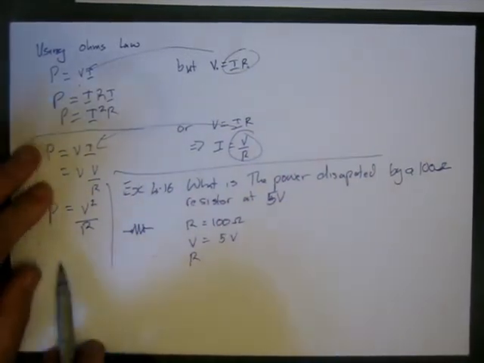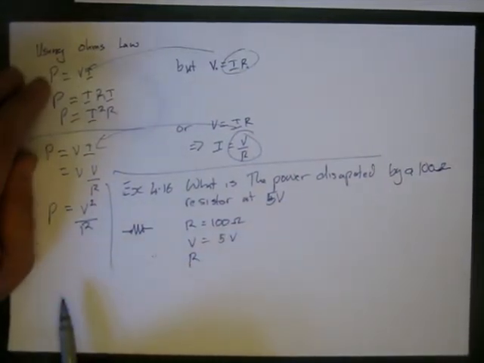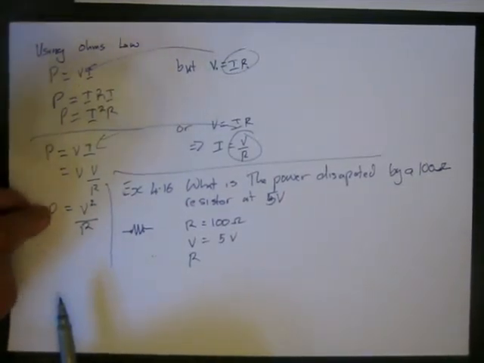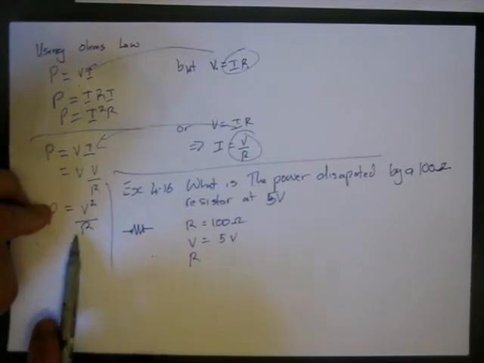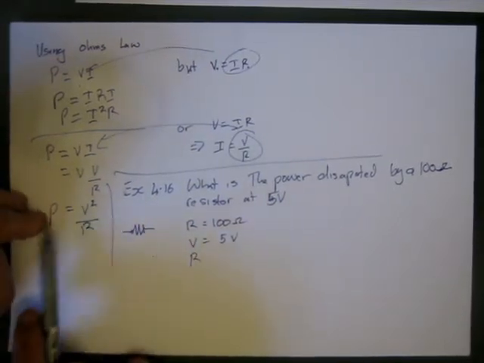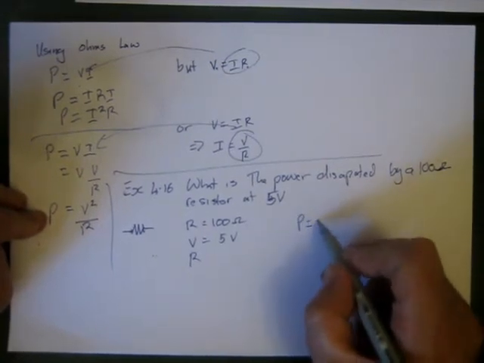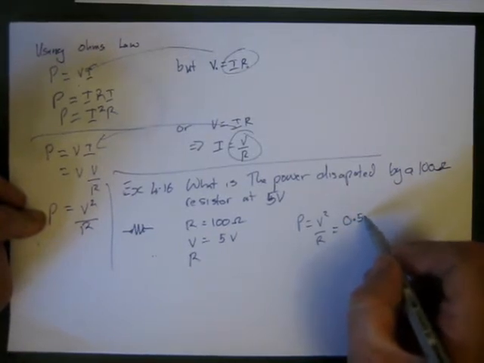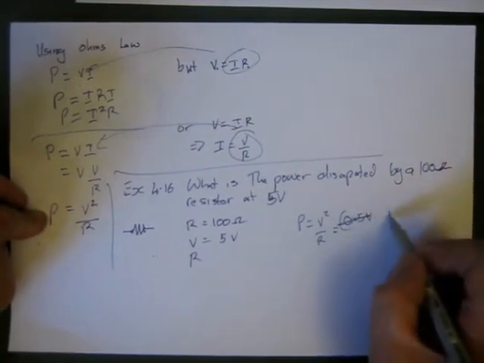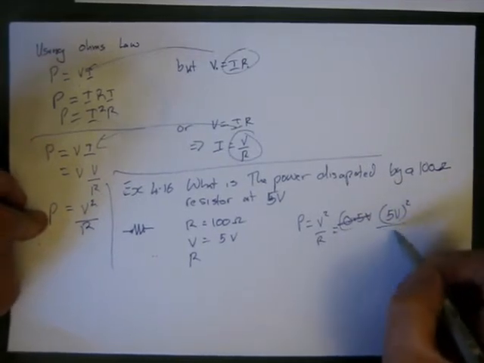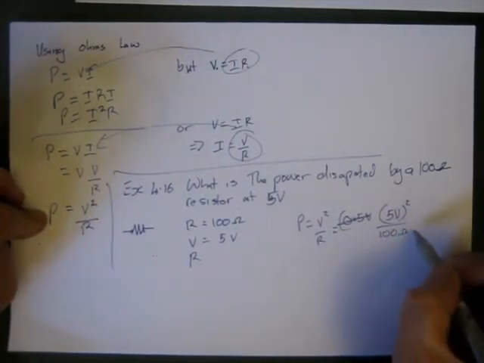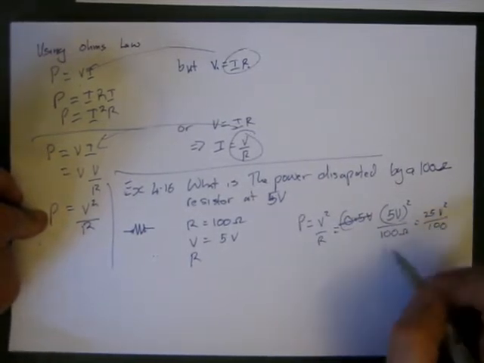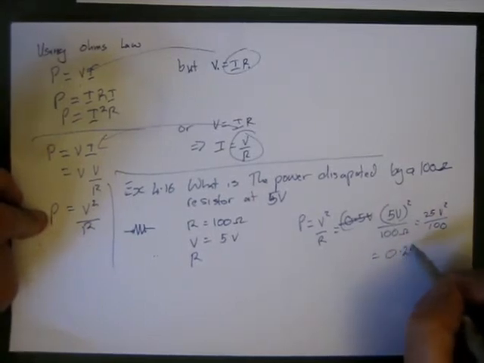So looking through these equations, P equals VI, well, we don't know the current. P is equal to I squared R, don't know the current. P is equal to V squared over R, well, we know voltage, we know resistance, so P is equal to V squared over R, which is equal to 5 volts squared over 100 ohms, which is equal to 25 volts squared over 100 equals 0.25 watts.